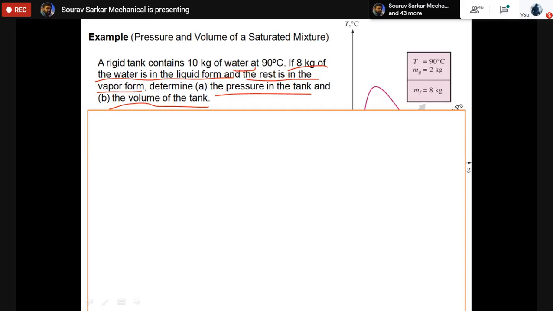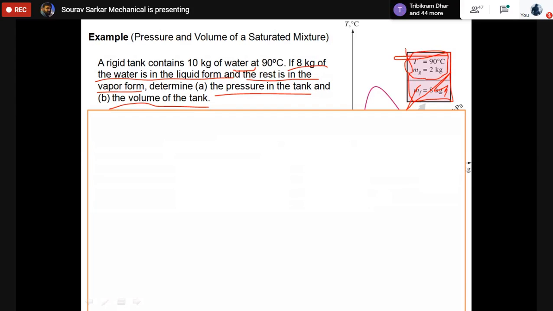Can we solve this problem? If you look into this diagram, you have a 10 kg mass. You have remaining water at 8 kg, and the other part, 2 kg of the water, is converted into vapor.